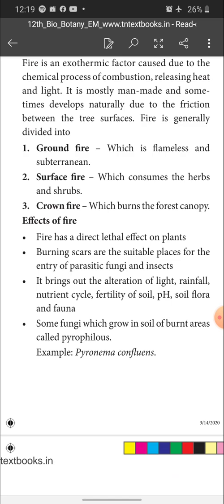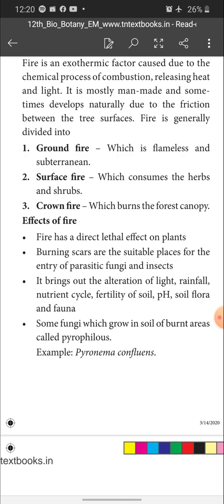Okay, children. First, here effects of fire we are going to see. Fire has a direct lethal effect on plants. Yes, of course. When a fire has taken place, the plants are completely destroyed. Burning scars are suitable places for the entry of parasitic fungi and insects. It brings out the alteration of light, rainfall, nutrient cycle, fertility of soil, pH, soil flora and fauna.